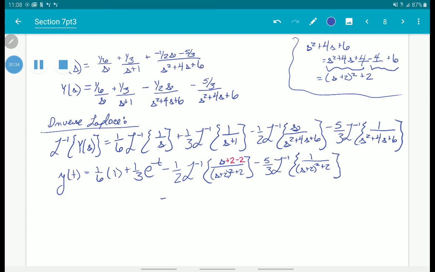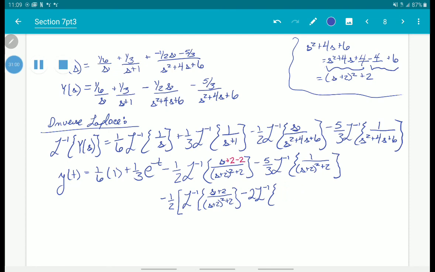So that piece we can rewrite now as the inverse Laplace of s plus 2 over s plus 2 quantity squared plus 2. And then we're going to have a minus 2 inverse Laplace of s plus 2.